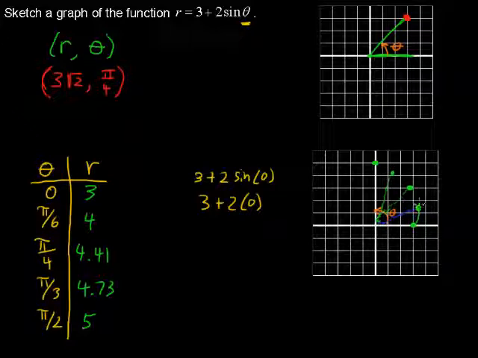Now, because this is sine, when we keep on extending theta around, what we're going to see is that the left and right sides look the same. So when sine is positive in the first quadrant, sine is positive in the second quadrant.